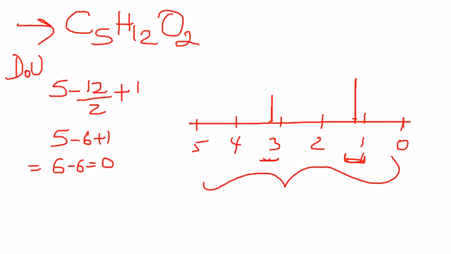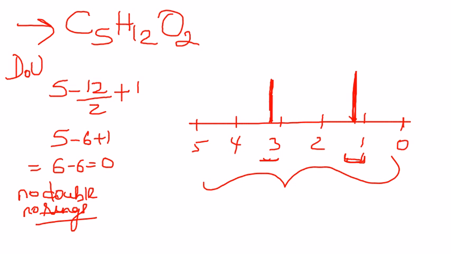That tells you no double bonds, no rings. So now you have to arrange the 5 carbon atoms in such a manner that it's reflective of only 2 peaks, and both of these peaks are about the same intensity, and you have to come up with a structure.